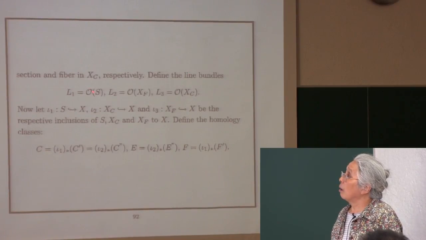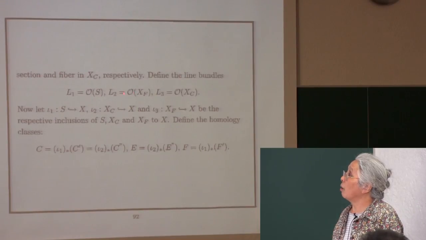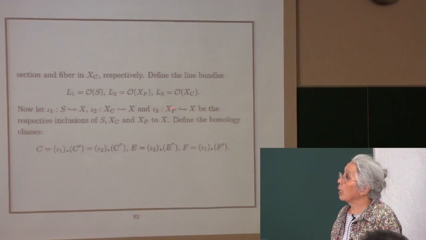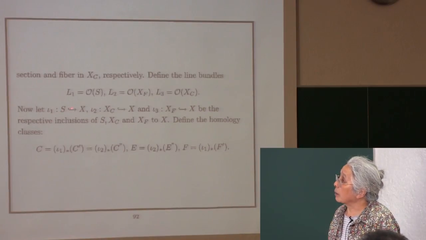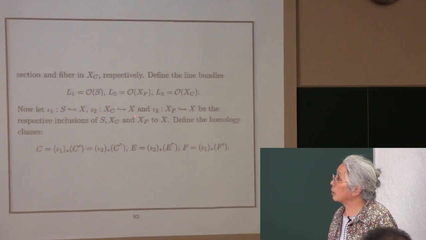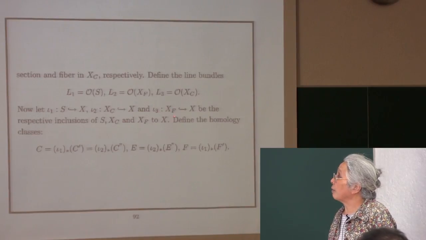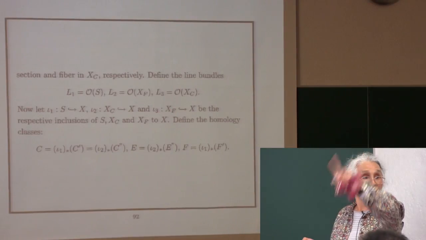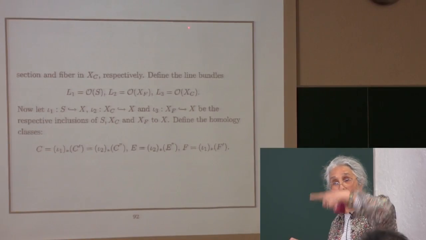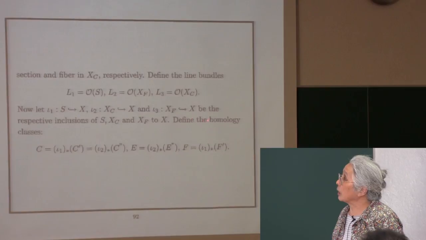L1 will be O of S, L2 will be O of this generic fiber, and L3 will be O of the restriction of X to the section C. So these are the embeddings: S embeds into X, iota 2 is the restriction of X to the section embedding into X, and iota 3 is the fiber embedding into X. So X is like this, fibers look like this, sections look like this.